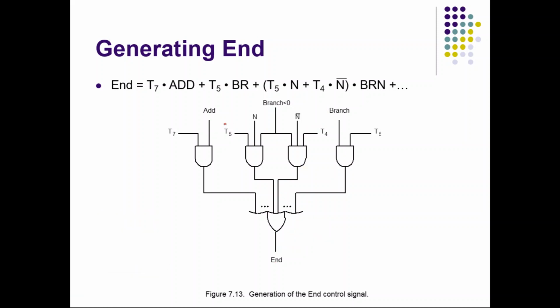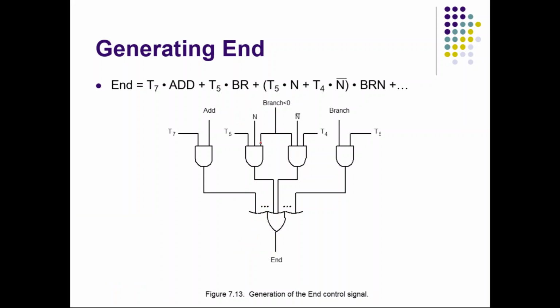But in the reverse case, if T5 is 1, if n is also 1, then this becomes 1, and the output is 1, but now it has become 1 due to which instruction? T5. What is T5? Branch instruction. So it will perform the branch and then it will end. So that logic is given like this. There is no third input.